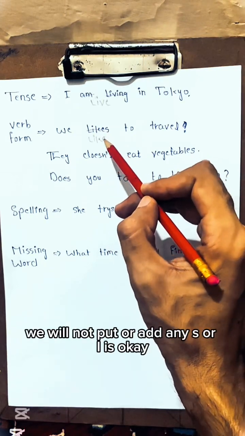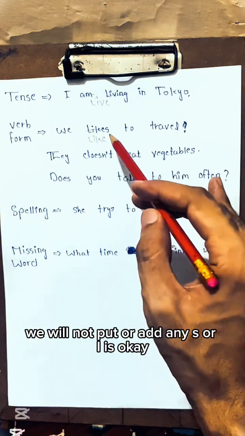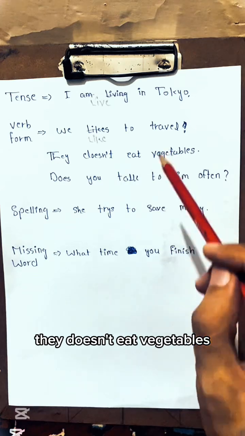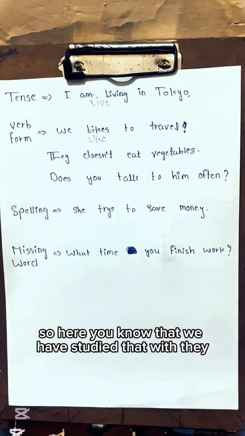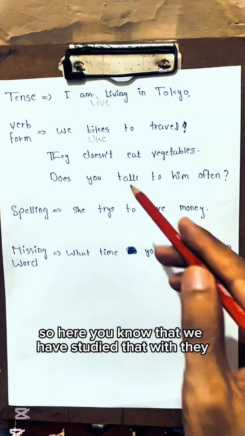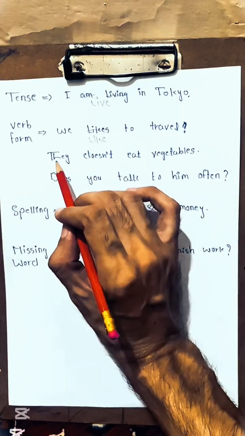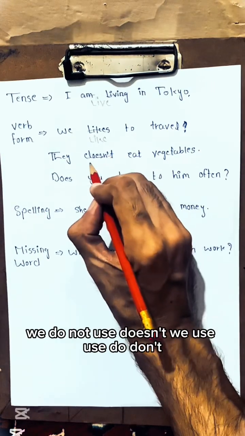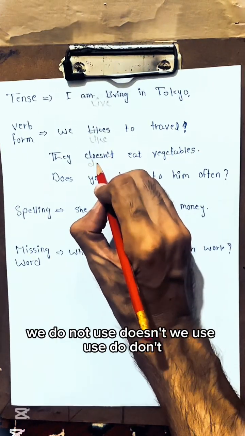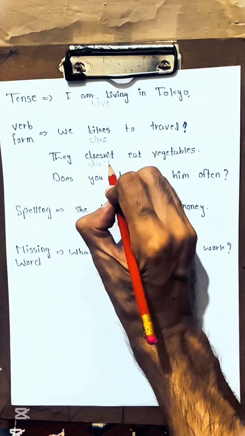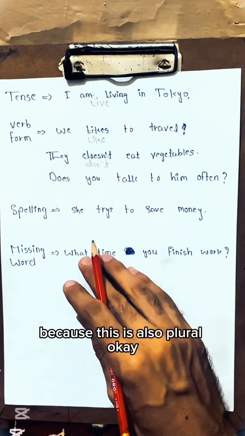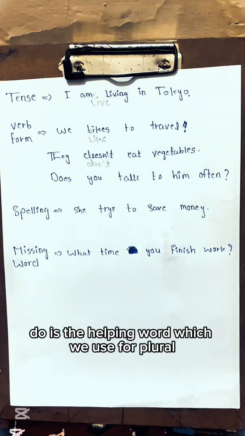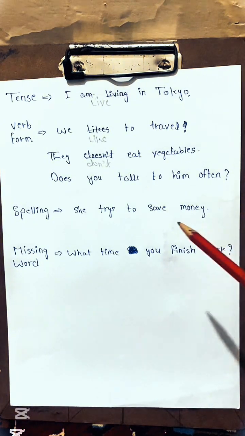We will not add any s or ies. Okay, they doesn't eat vegetables. We have studied that with they, we do not use doesn't, we use don't, because this is also plural. Do is the helping verb which we use for plural. Okay, got it?